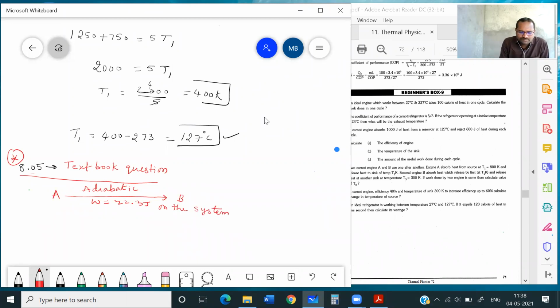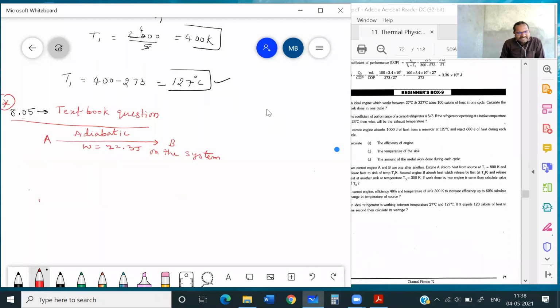Next point, continuation. If the gas is taken from state A to B via a process in which net heat absorbed by the system is 9.35 calorie, how much is the net work done by the system in the latter case? Okay, in one more case they are saying, the same gas from state A to state B, but in this case they are adding some heat energy to the system.